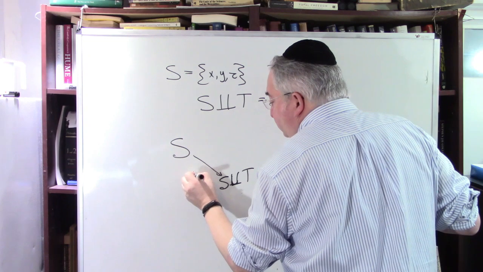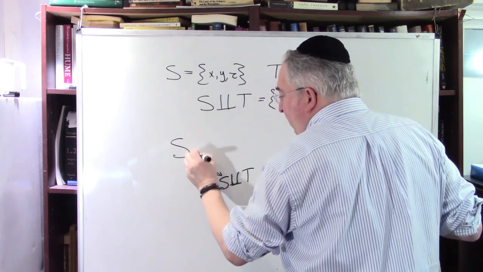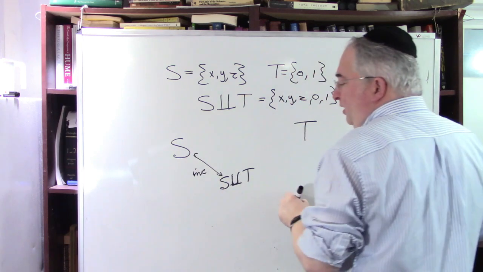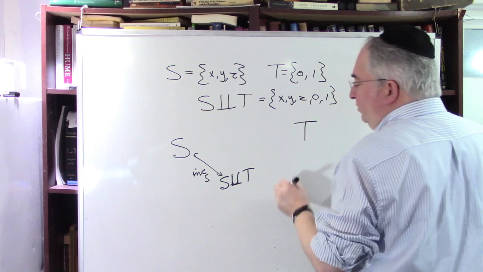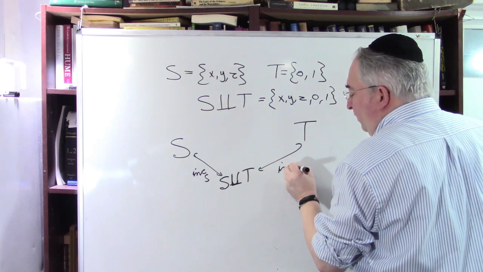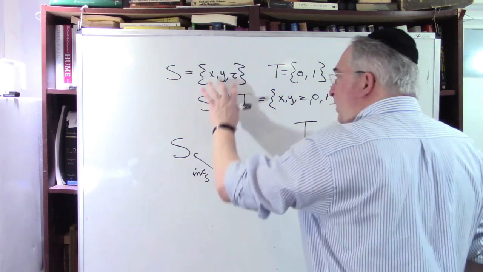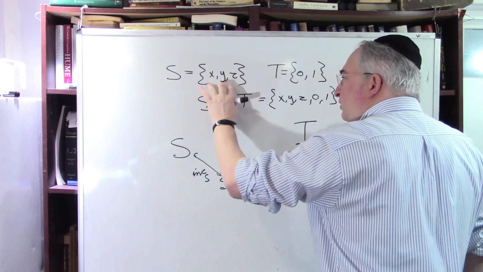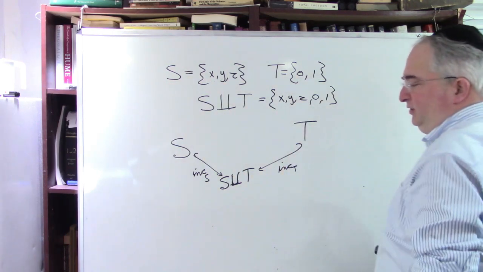So I'm going to call this INC for include S-T. And in fact, I'm going to make a little hook on there to show you that it's an inclusion map. And we'll have an inclusion map here of T. So the main particular thing: the set S is a subset of this. The set T is a subset of this.